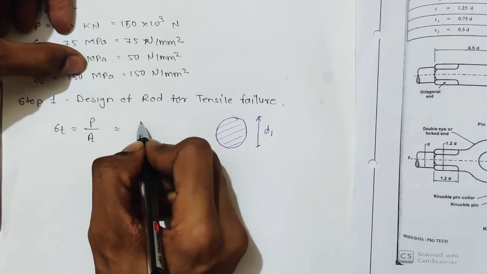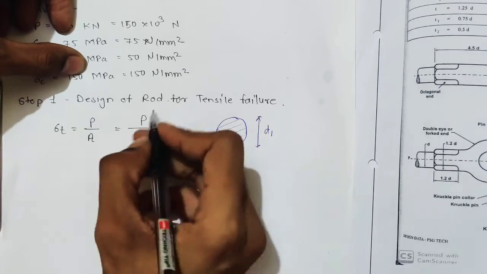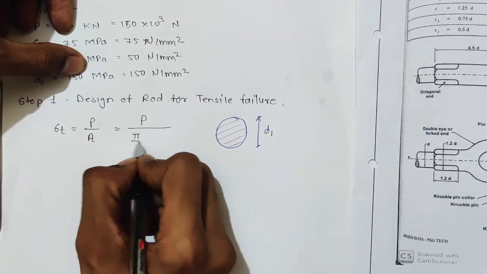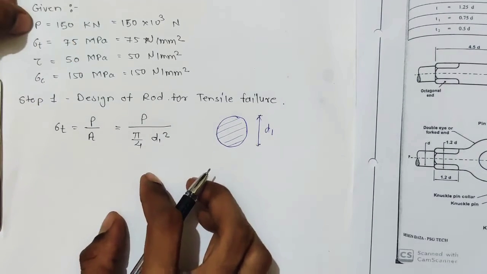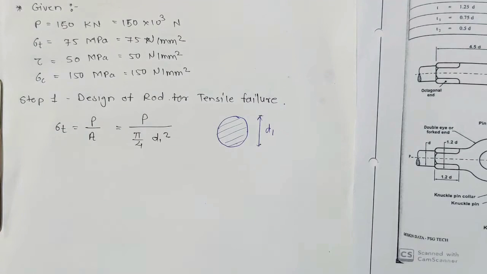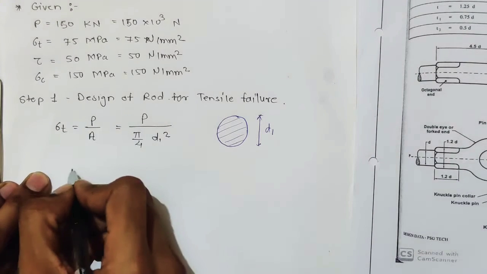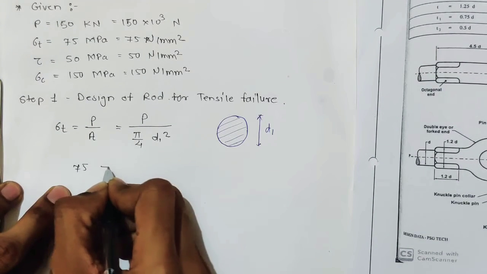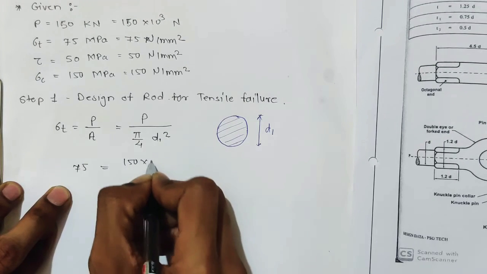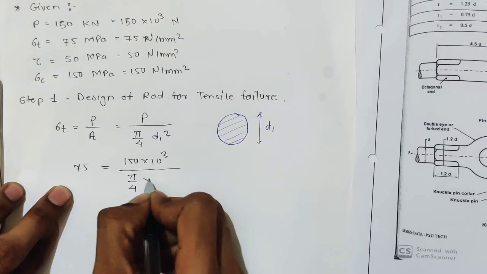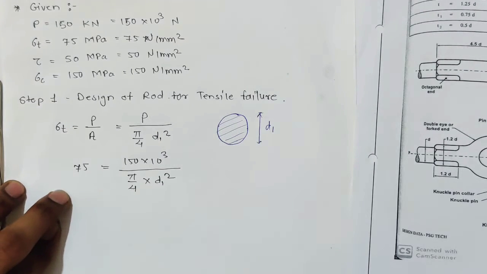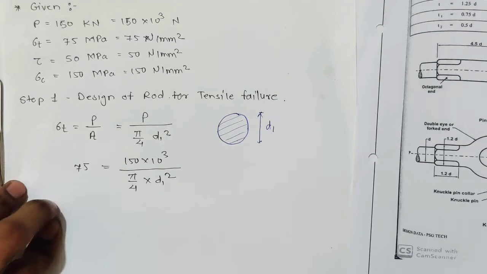Force upon area is pi by 4 d1 square. Now we know the value. Sigma T is 75 megapascal, force is 150 into 10 raised to 3, divided by pi by 4 into d1 square. Solve for x or use any method for your calculation.